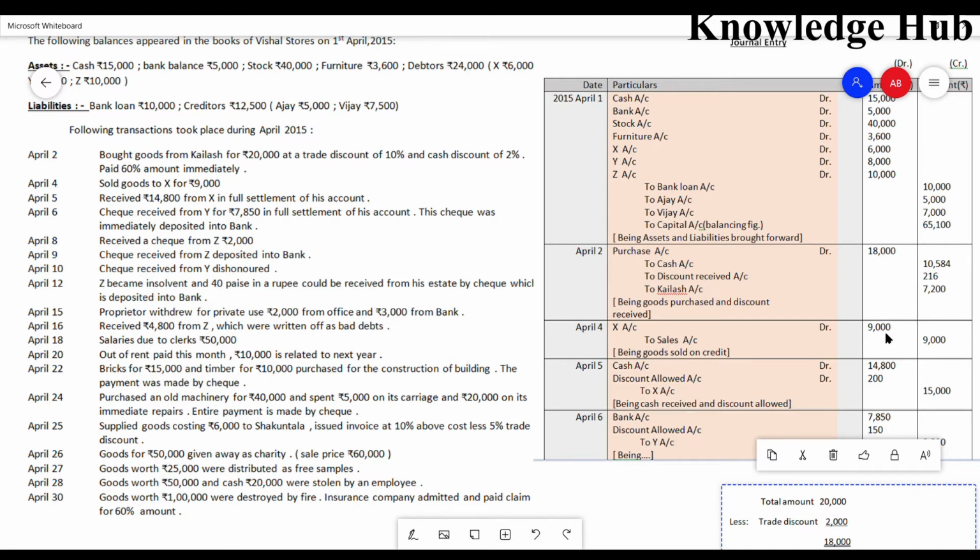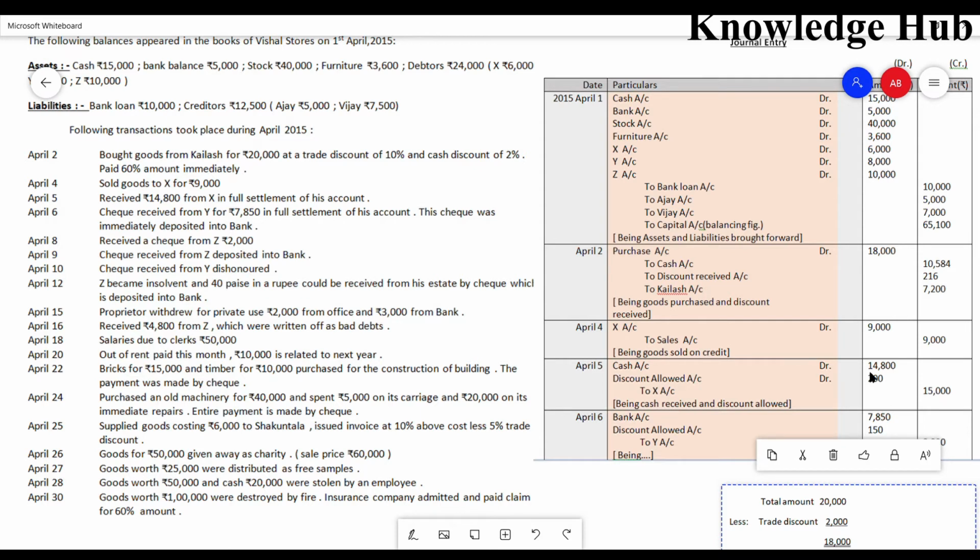Since it's mentioned we have received in full settlement, all the debit balance will add up and we will credit X's account. So that settles his account. Once debited, and again when we credit the same account, it cancels the effect, or it settles the account. So I have settled X's account with rupees 15,000.